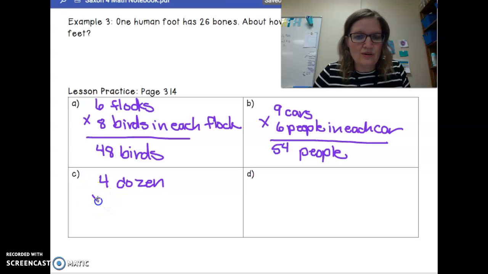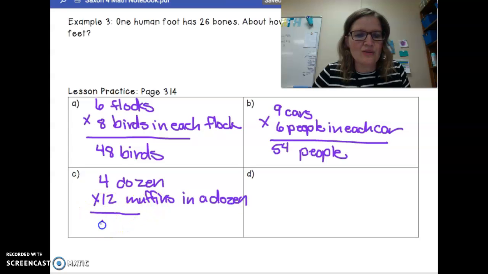So we multiply this by 12 muffins in a dozen. And we multiply, and because we know we're hot shots and we know our 12s, we know that there are 48 muffins in the display case.